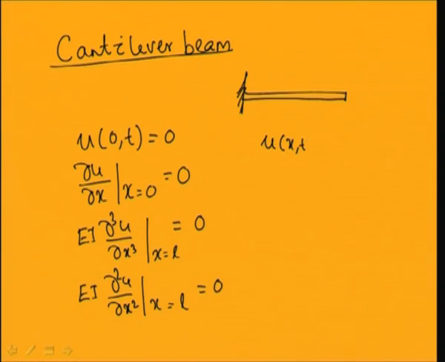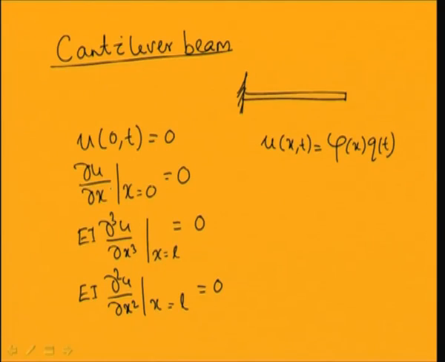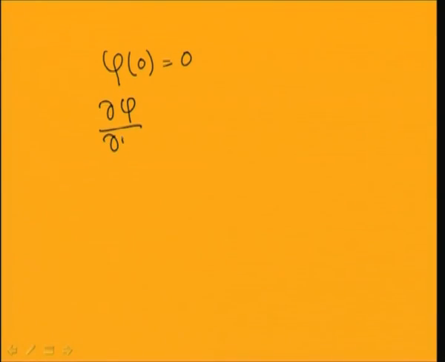As we have taken u equal to u(x,t) equal to psi x into q t, u(0,t) equal to 0 implies that psi 0 equal to 0. From the second condition, del u by del x at x equal to 0, by substituting this expression we find del psi by del x at x equal to 0 equal to 0.